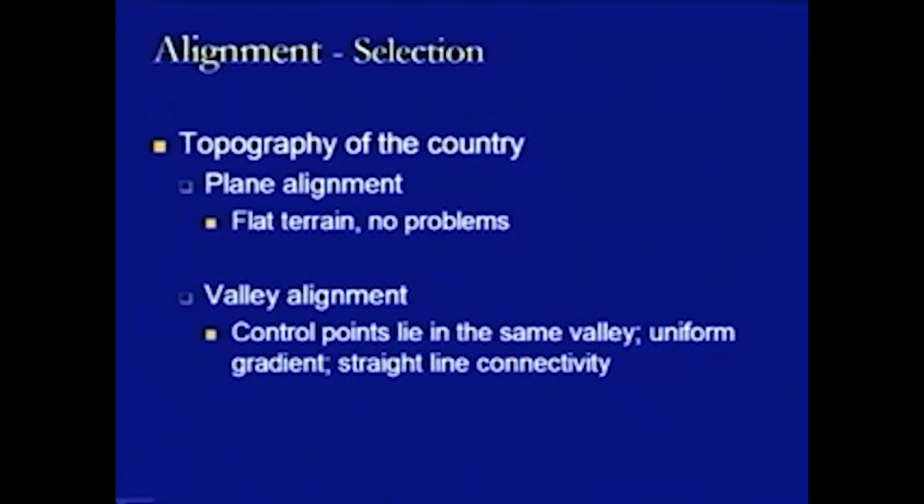We will find that there is a uniform gradient, meaning the two points provided on the same side of the valley are connected by a straight line, and this gradient is generally one which comes within the ruling gradient condition. Therefore, there is no requirement of having a steeper condition in this case, and this is the valley alignment.